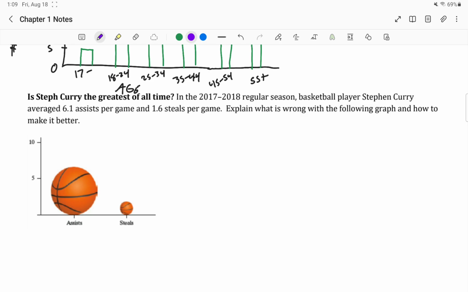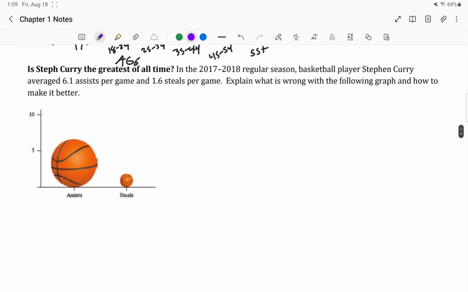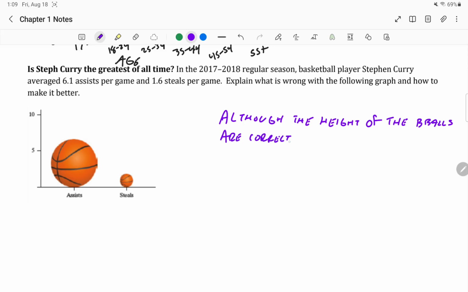So I know I just said a lot without writing a lot, but here it goes. Although the heights of the basketballs, I'll shorten that to b-balls, are correct, let's be grammatically correct, our eyes respond to area.